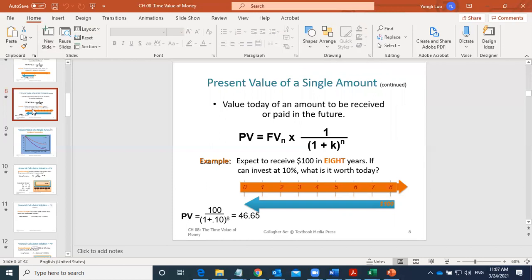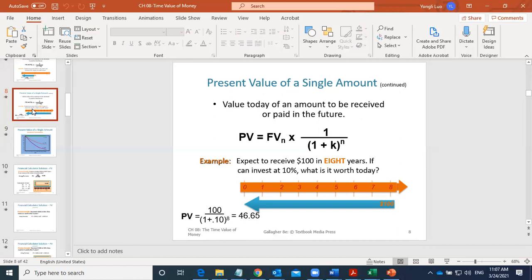For example, you are going to receive $100 in 8 years. If the investment return is 10%, how much is it worth today?